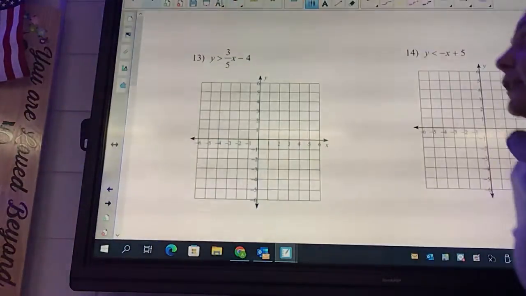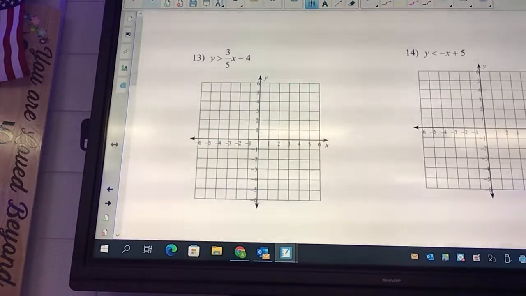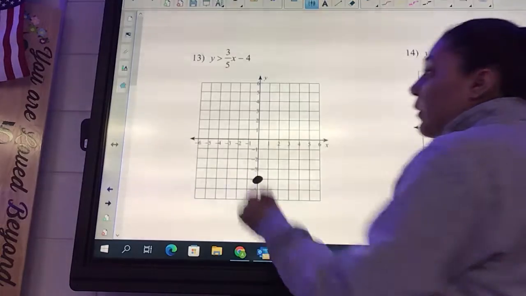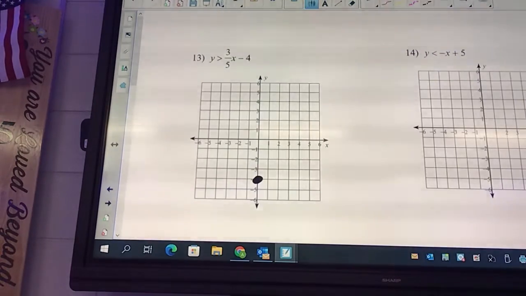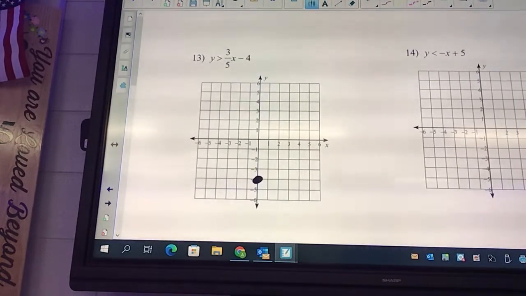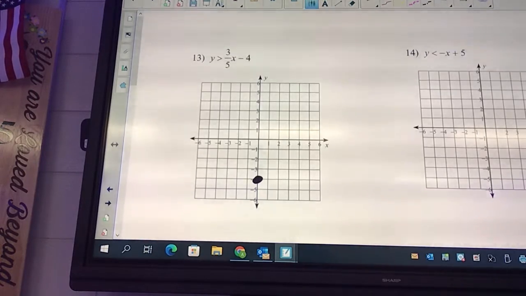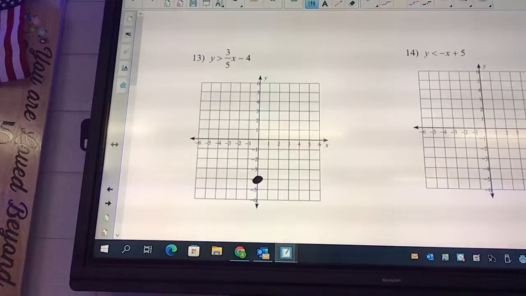Okay, 13. Where does it start? -4. And our slope is what? 3/5. So we're going to go up 3 over 5.